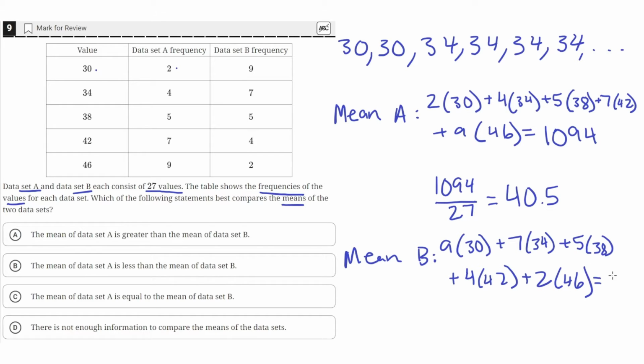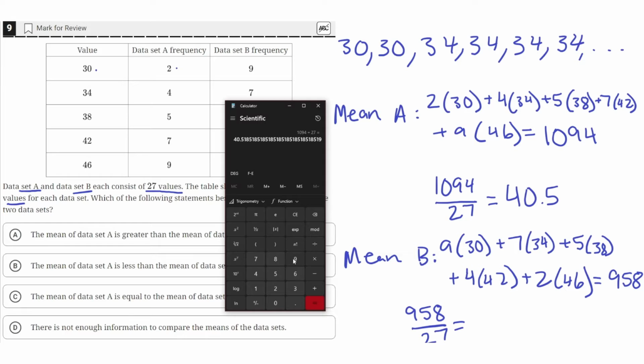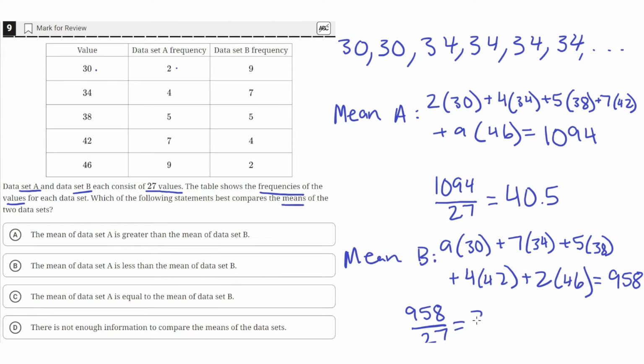And if we add all that together, we get 958. So 958 divided by 27, if we put that into our calculator, is equal to about 35.48.